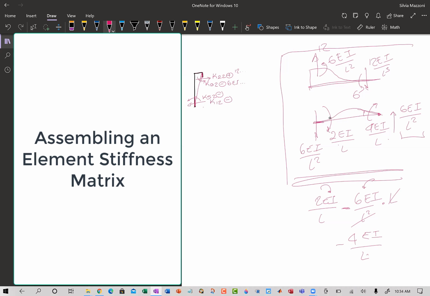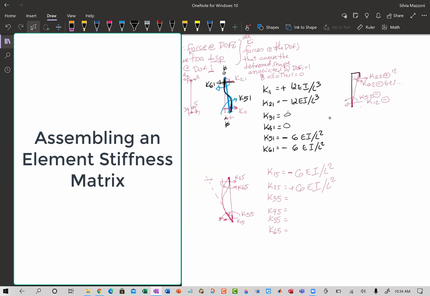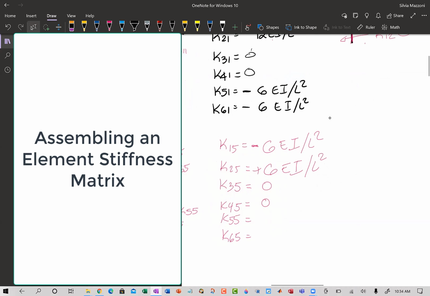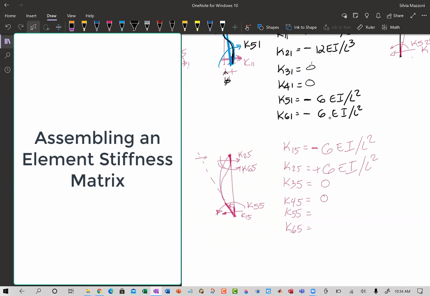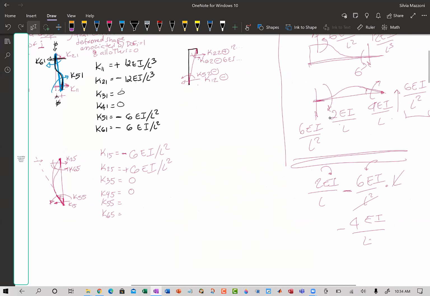So that's how I always check things. And I have to, just because I can't rely on myself to know it. So K35 is 0, K45 is 0 because those are the axial. So where do we find K55? What's the value for K55? I'll give you the cheat sheet.